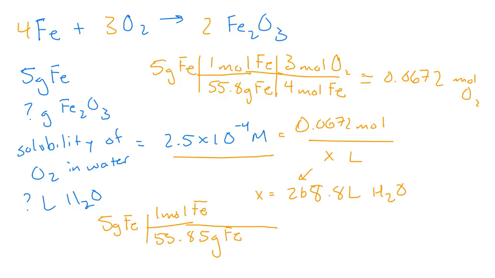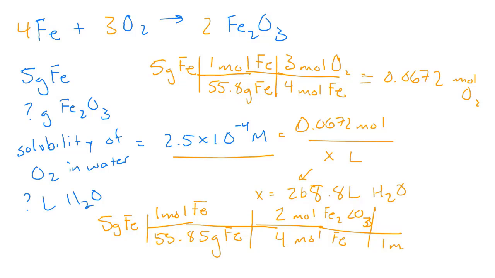We want to go ahead and do our molar ratios, right? Exactly. We'll have a 4 ratio and a 2 ratio here, and then we're going to have 4 moles Fe. We're not quite done there. We have to do molar mass next.